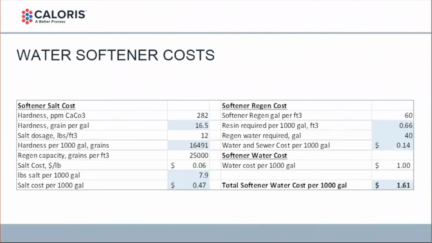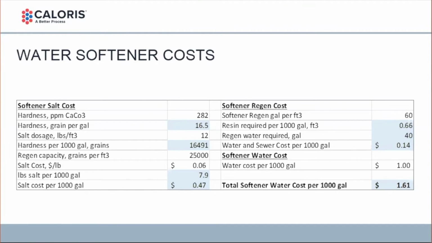Water softener costs. Here we're using that hardness, which gives us 16.5 grains per gallon. Using all the formulas, figuring a salt cost of 6 cents per pound, salt ends up being about 47 cents per 1,000 gallons.